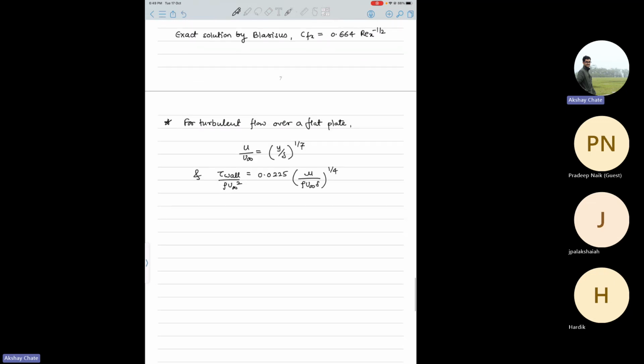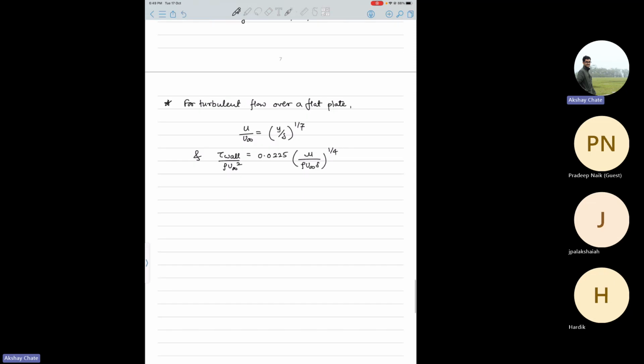And then again, you have to repeat the same process because we have the von Karman momentum integral equation, which was tau wall by rho U infinity squared equals d by dx of the integral from 0 to delta of u by u infinity times (1 minus u by u infinity) dy.